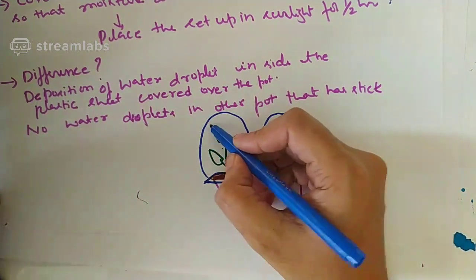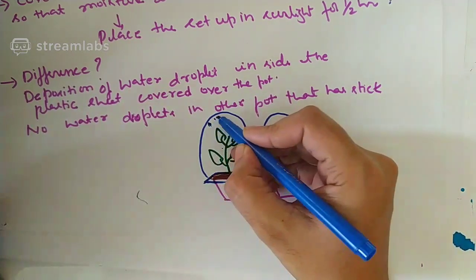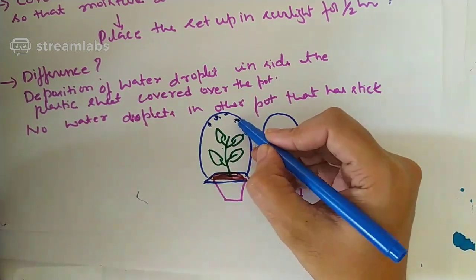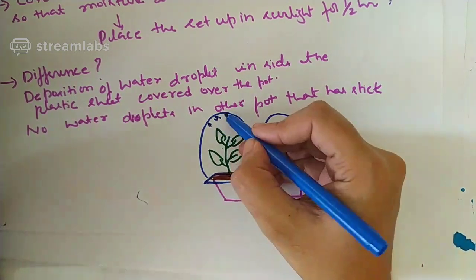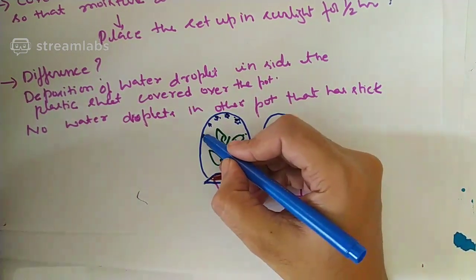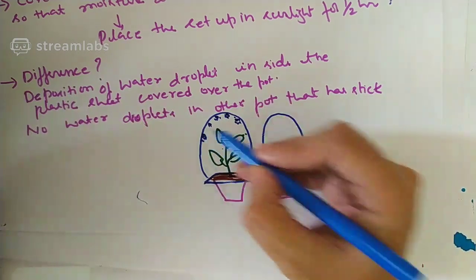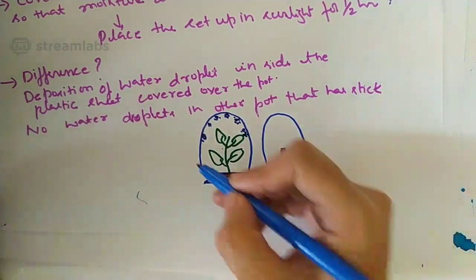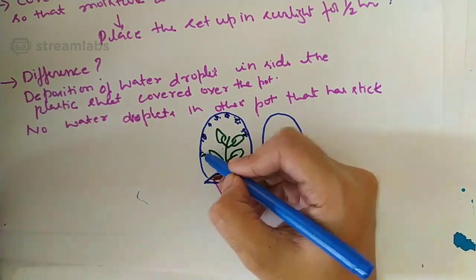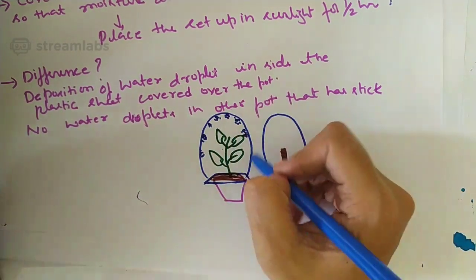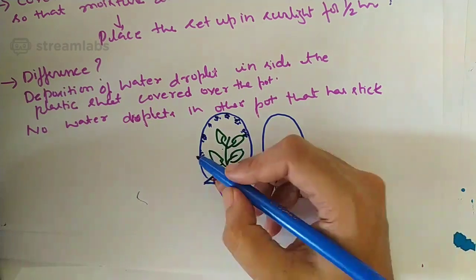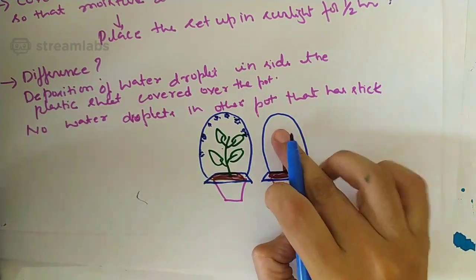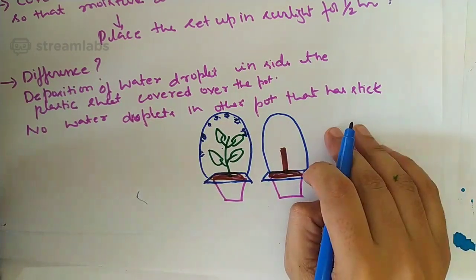Here we can see the deposition of water droplets. In this pot with the plant, that is a photosynthesizing plant, we can see droplets inside the plastic sheet, but here there are no water droplets.